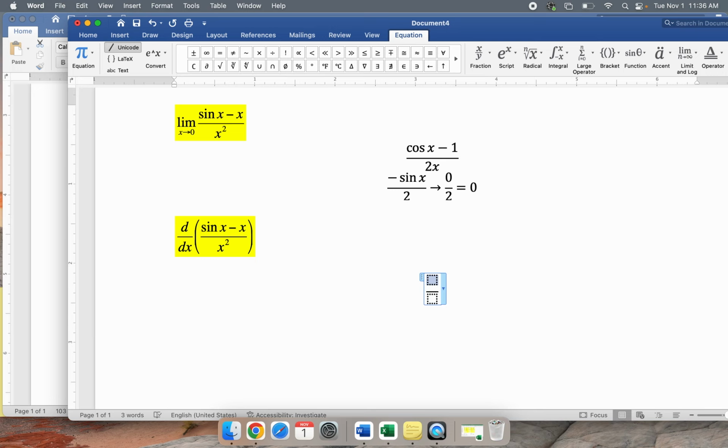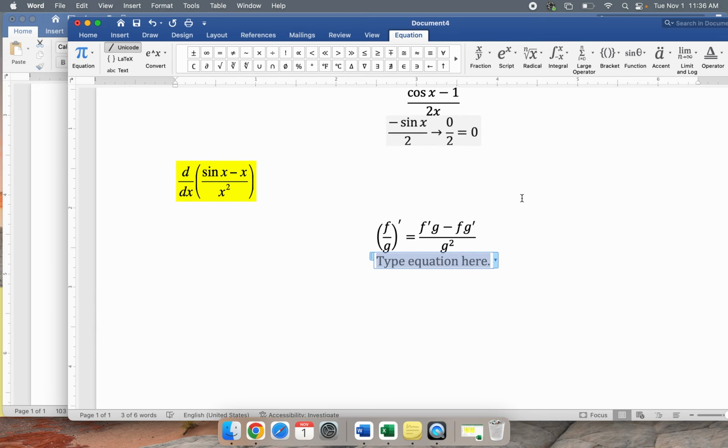Rather, let's recall exactly what the quotient rule says. It says f over g, prime, is equal to f prime g minus f g prime, all over g squared. That's the quotient rule. Very different from L'Hopital. So applying the quotient rule to this function, I need to take the derivative of the top, that's f prime.